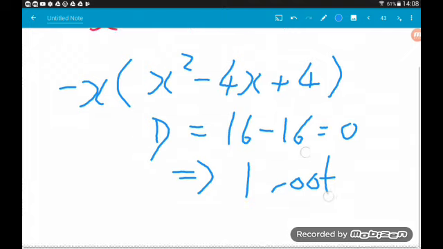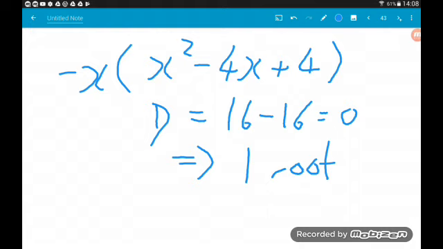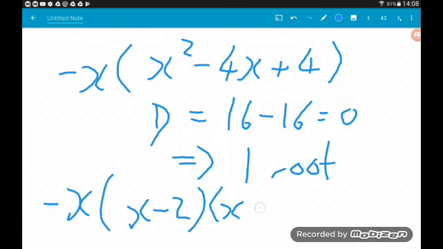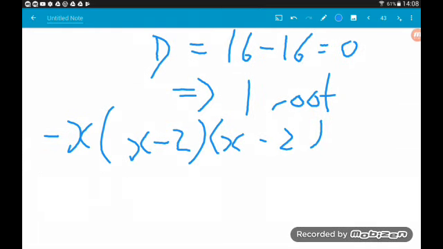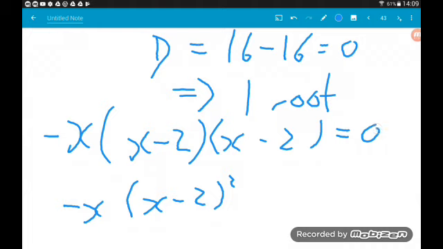So we can write this as -x lots of, well, it's a perfect square quadratic then. So it's going to be x minus 2 times x minus 2. Which, if we want to, but we don't have to, we can write as -x times x minus 2 squared.